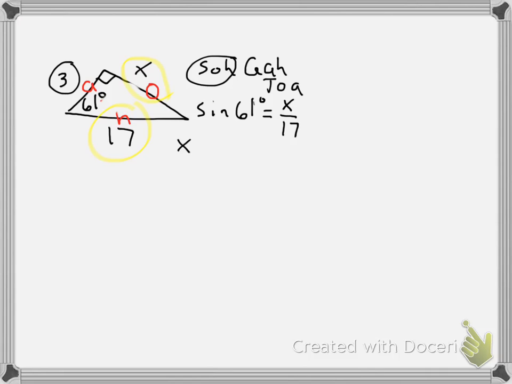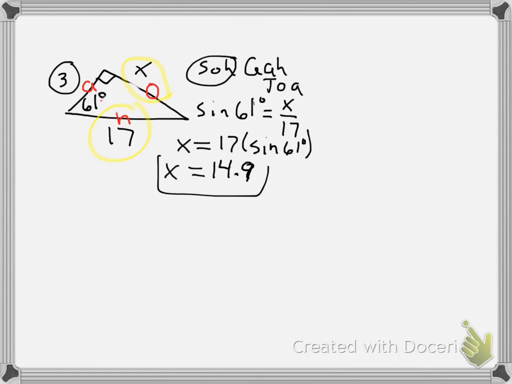It turns out when you cross multiply, you get x equals 17 sine 61 degrees. So x equals, I'll get my calculator out here, 17 sine 61, 14.86. So that would be 14.9. There's our answer there. Okay, yay, we're done. We've done all of it.